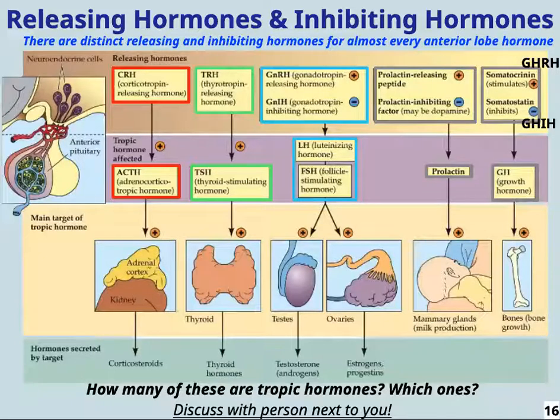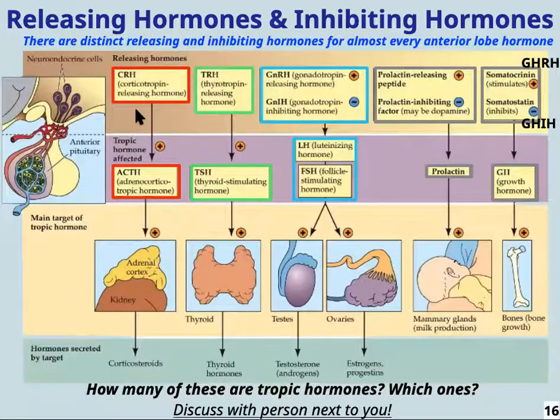Moving on. Okay, so we talked about the concept of releasing hormones and inhibiting hormones. Now, what are these specific releasing hormones and inhibiting hormones? Well, we've got CRH, which stands for corticotropin releasing hormone. It's not that complicated. It just means it causes the release of corticotropin. And remember what corticotropin is. Corticotropin is ACTH.